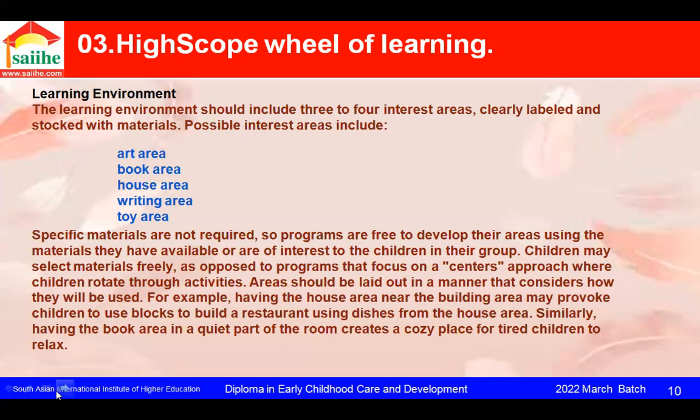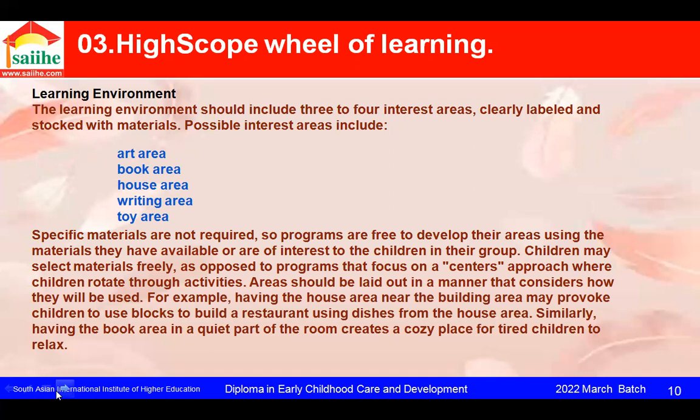The specific materials are not required, so programs are free to develop their areas using the materials they have available or that are of interest to the children in their group. Children may select materials freely, as opposed to programs that focus on a centers approach where children rotate through activities.